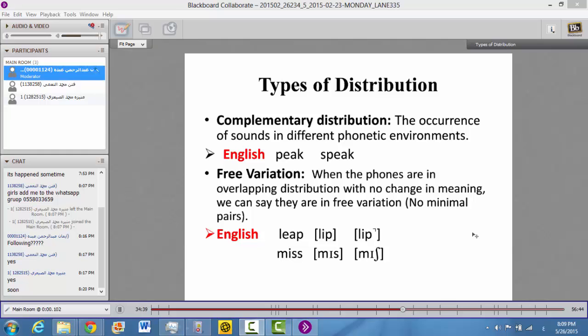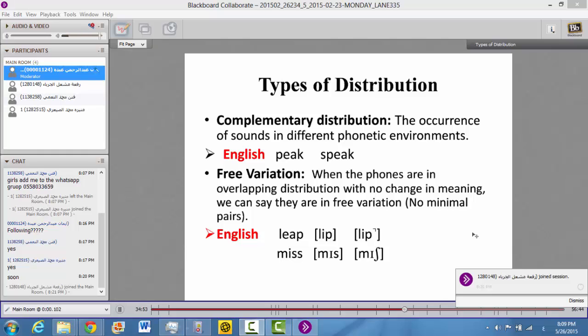We don't use minimal pairs. Leap. If you say it with releasing the air or without, you keep the air inside your mouth without releasing it. Here we say that the production of these two sounds is in free variation.